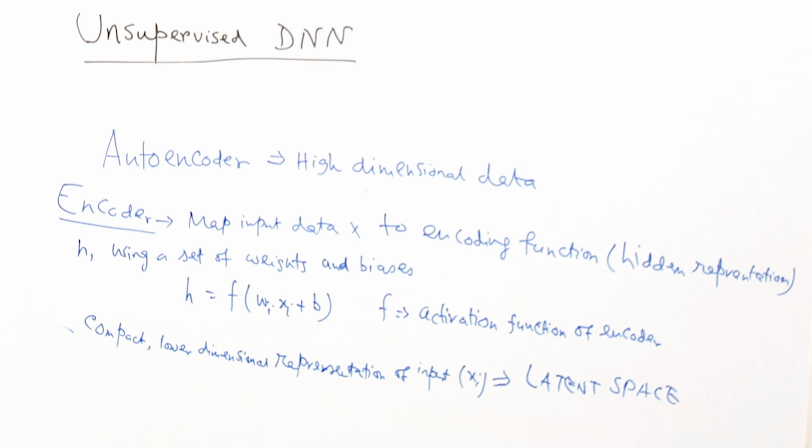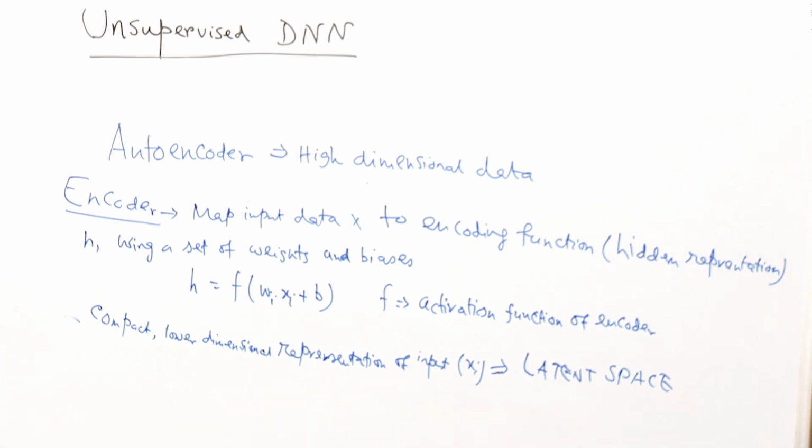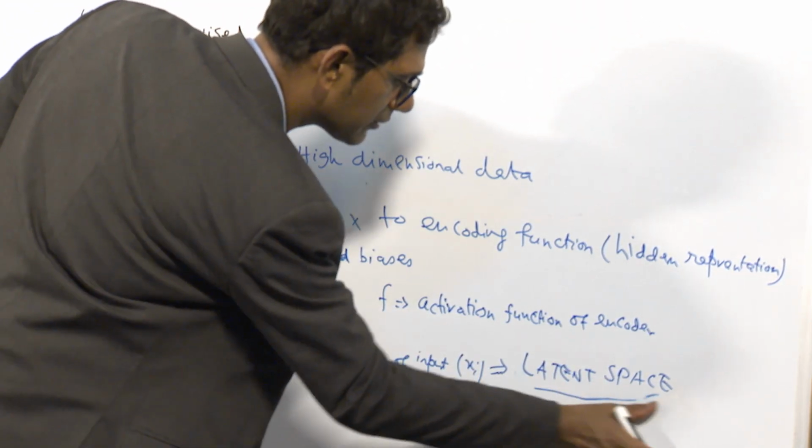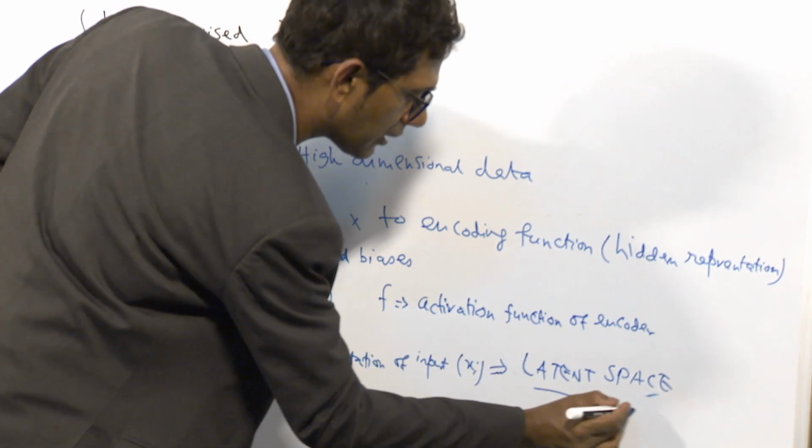So, autoencoders basically learn to denoise data, remove the noise, and create new data based on the learned characteristics, whatever the encoder role or activation function is there. And then after this, the decoder maps the encoding H back to the original input x using a different set of weights and biases. So, this is the latent space, right.